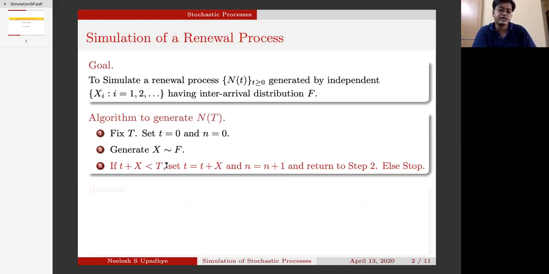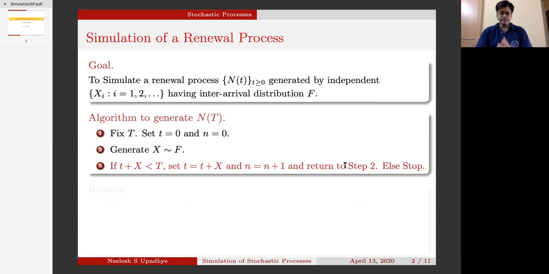Whatever n you have generated will remain and you will stop the process. That is the value of capital N_T. So this is the simplest algorithm to generate a renewal process. In particular, you can generate a Poisson process. We have seen how to generate a Poisson process using such a random variable.